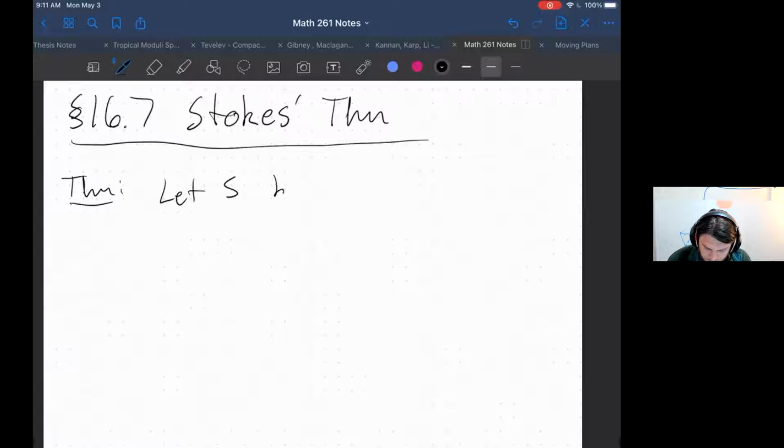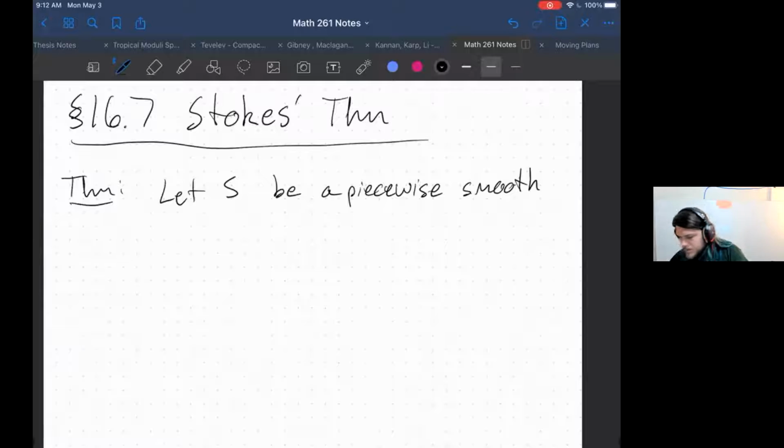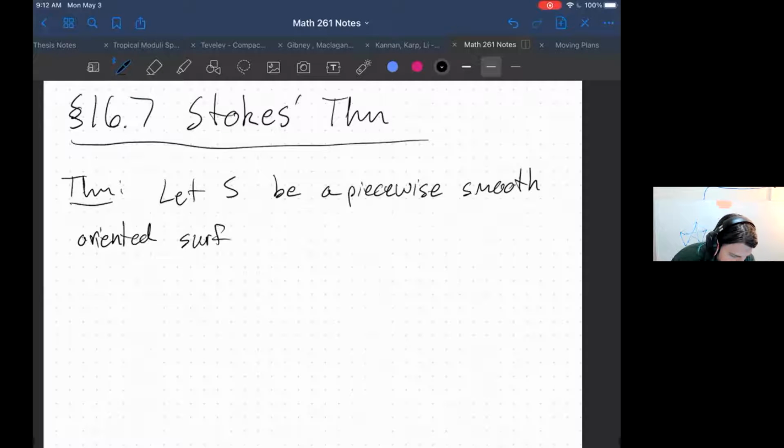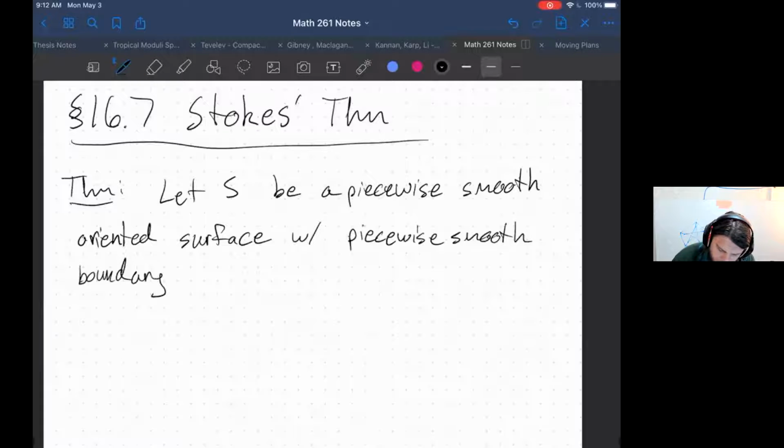Let S be a piecewise smooth oriented surface with piecewise smooth boundary curve C.